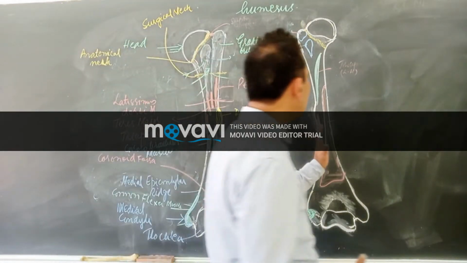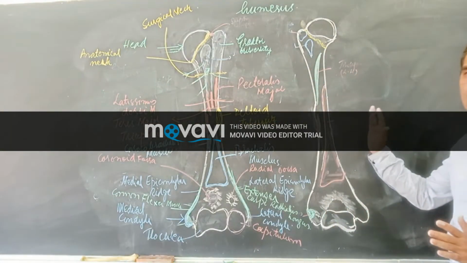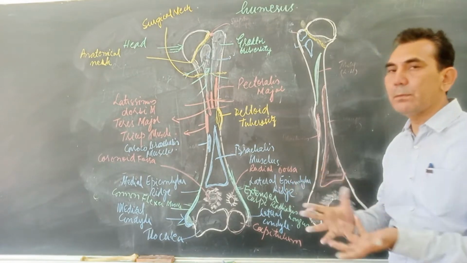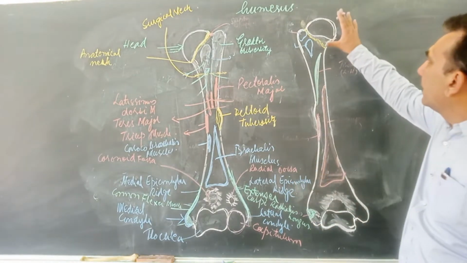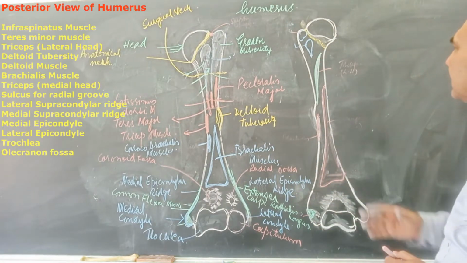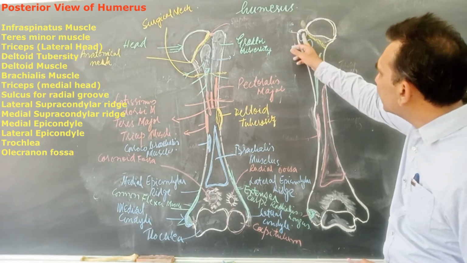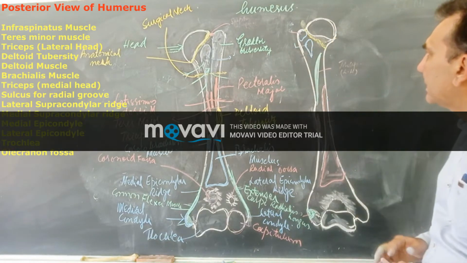Now we will go to the posterior view of the humerus bone. What is present in the posterior view? Here, this is the greater tuberosity and this is the lesser tuberosity.